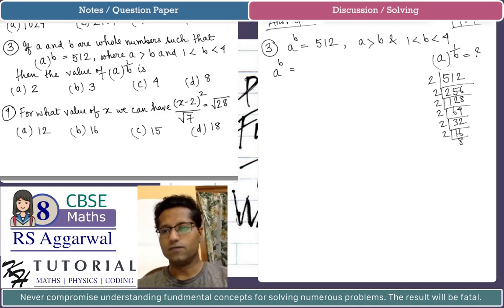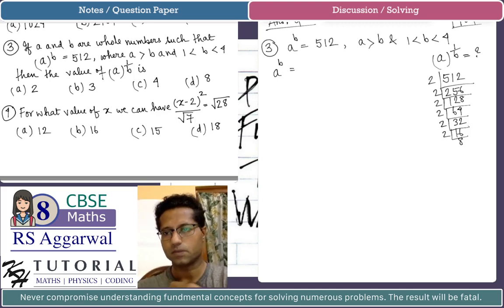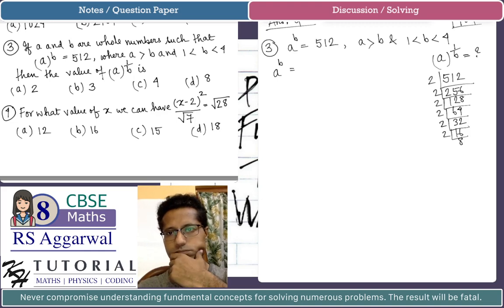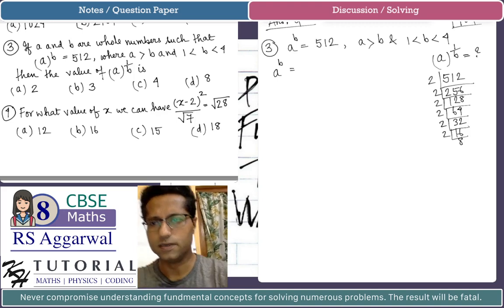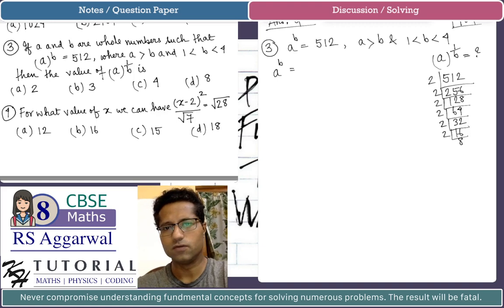Okay, if I just do the simple prime factorization, we can see that 512 is 2 to the power something. Now it is given that the base will be greater than the power. Let's express 512 initially as a power of 2. Then we will figure out what a and b can be such that a is greater than b.